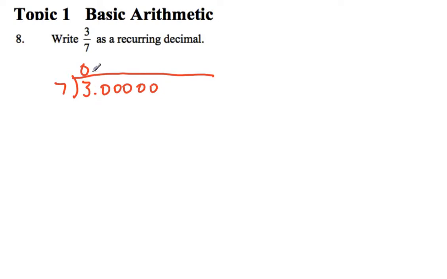We'll put the decimal point above there and we'll carry over the 3. 7 into 30 goes 4 times, so 4 sevens are 28 and carries over the 2. 7 into 20 goes twice, 7 twos are 14 and leaves you to have a 6 carried over. 7 into 60 goes 8 times, 7 eights are 56 and carry the 4 over. 7 into 40 goes 5 times, 7 fives are 35. 7 into 50 goes 7 times.